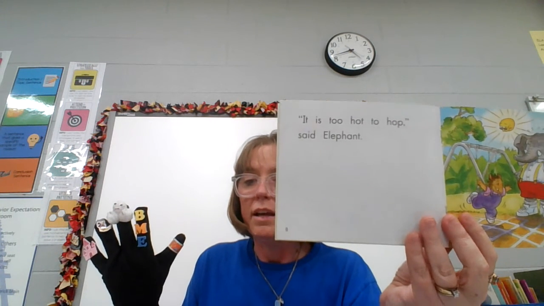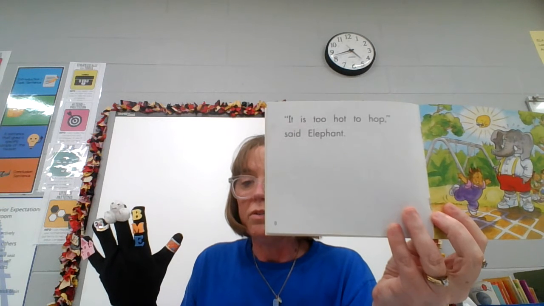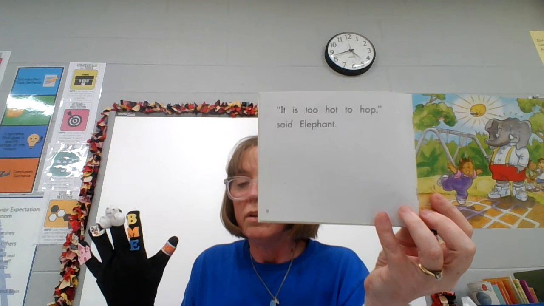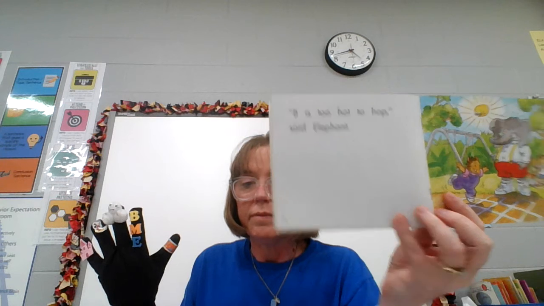Now, one way that you can find the middle part is that I can look at the staples in the middle part. The middle part, it was too hot to hop. Too hot to hop, to play hopscotch. And then the end part, the last part, the very last part, the end of the events. Oh, they went swimming. It was not too hot to swim. That was also part of our solution to the problem.